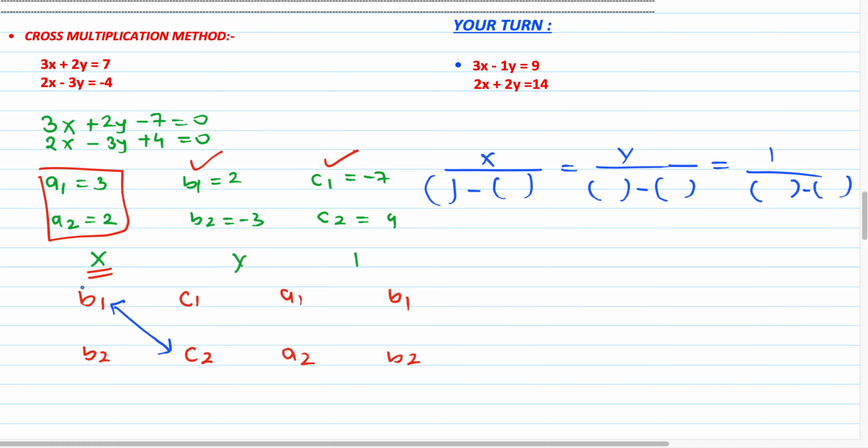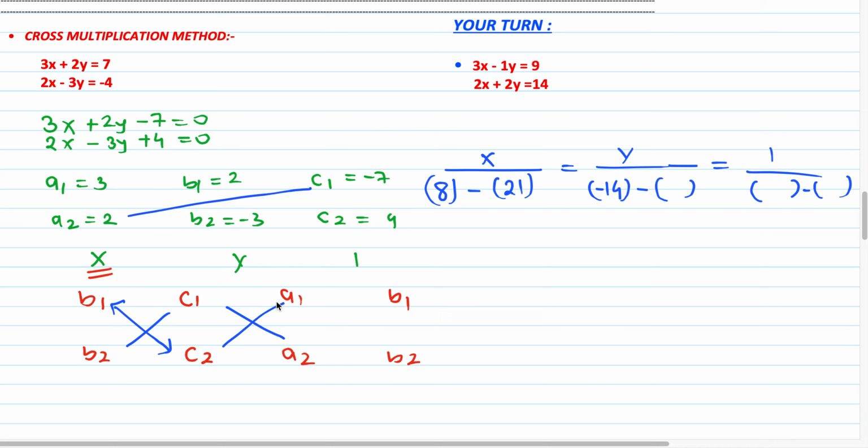In the first box, what will come? b1 c1, so 2 fours are 8, minus b2 c1, that is minus 3 sevens, that is 21. Now for y it should be c1 a2, which is minus 14, and then minus c2 a1, which is 4 threes are 12.